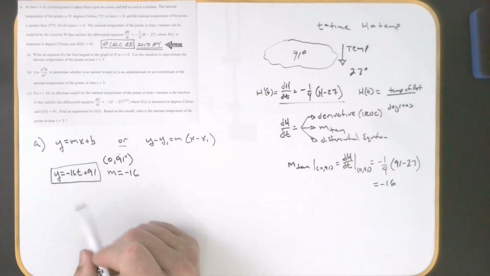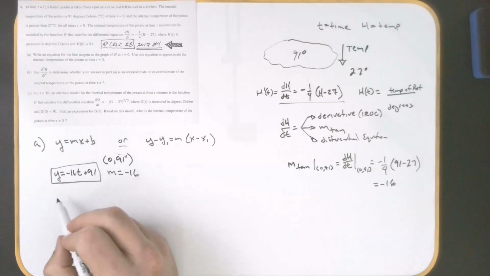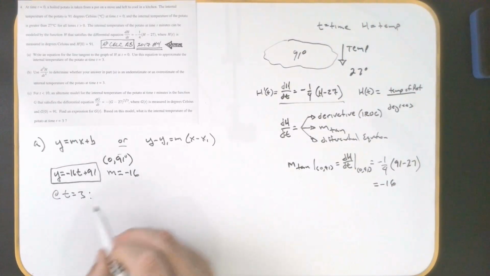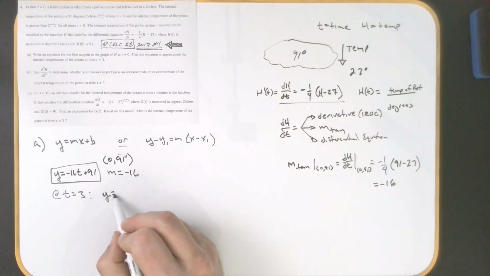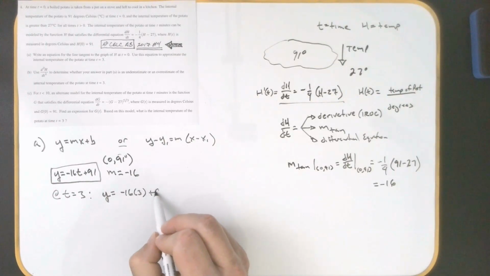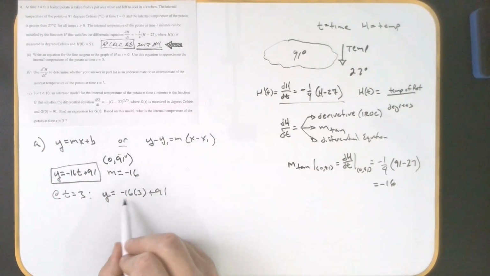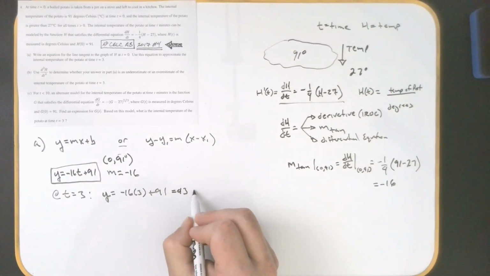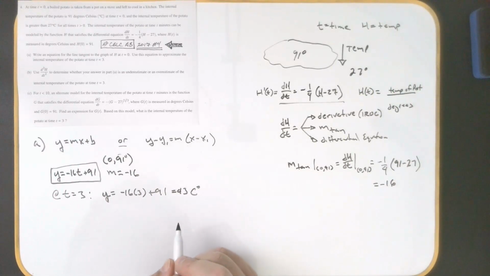So that would be the equation of the tangent. Now they say to use t equals 3 to approximate it. So at t equals 3, y is equal to negative 16 times 3 plus 91. So this is going to be negative 48 plus 91, and that's going to give you 43 degrees Celsius.